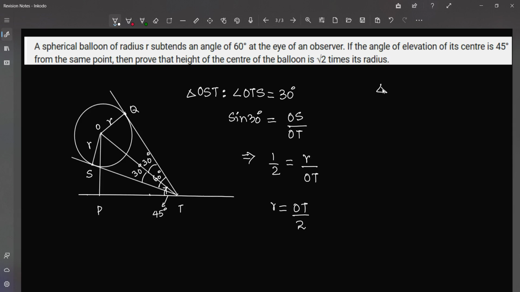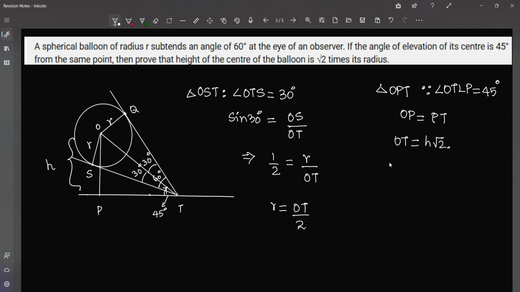So in triangle OPT, since the angle OTP is equal to 45 degrees, the sides OP and PT become equal to each other. If this is H, then your hypotenuse OT becomes H root 2. That's because of 45 degrees, sine 45 and cos 45, which makes OT equal to H root 2.